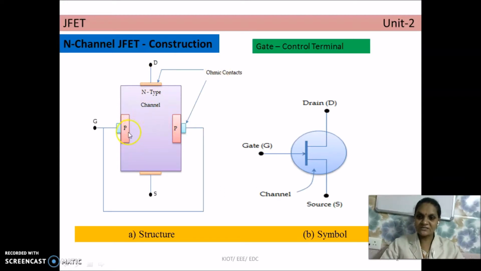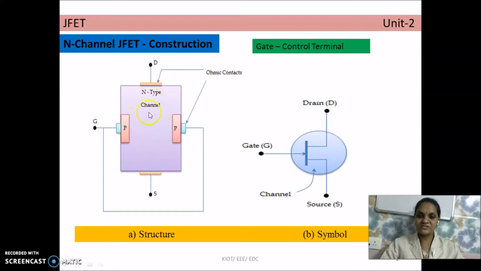As soon as these two P-type semiconductors are diffused, two PN junctions will be created. One PN junction will be on one side, between the gate and the N region, and another PN junction will be around the other side P region surrounding this N region.